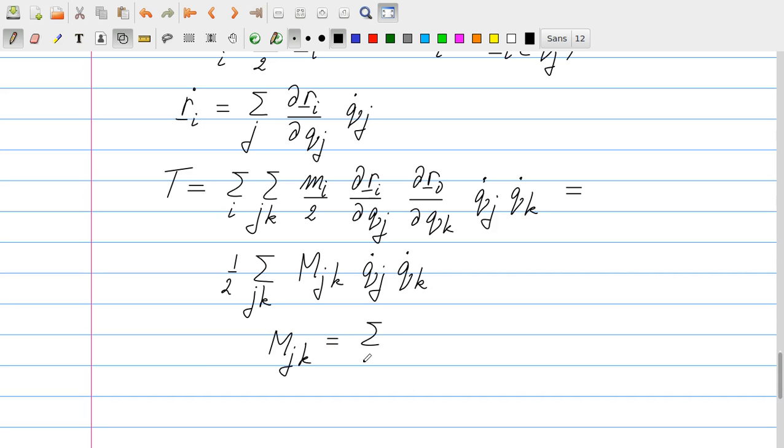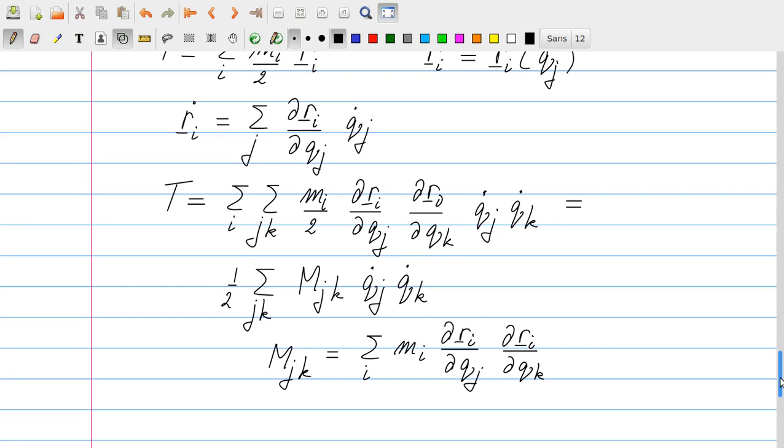It's a sum over i of m_i times dr_i dq_j dr_i dq_k. So this is a rather generic form of the kinetic energy. It occurs quite often, so in systems that do not have the time dependencies either imposed in the constraints or in the forces.